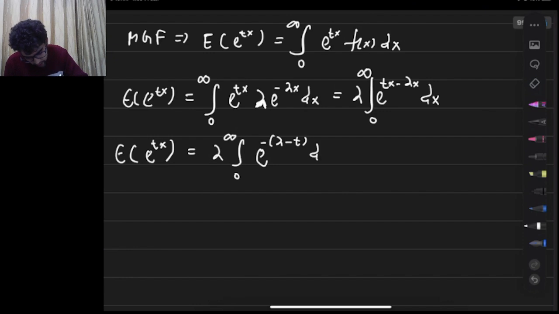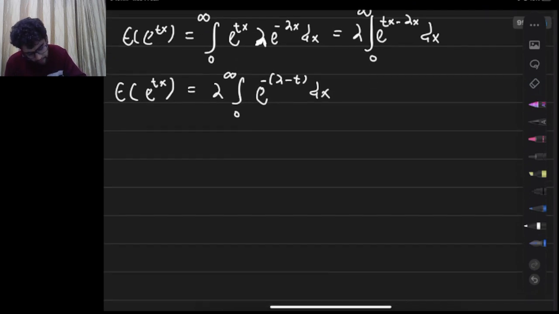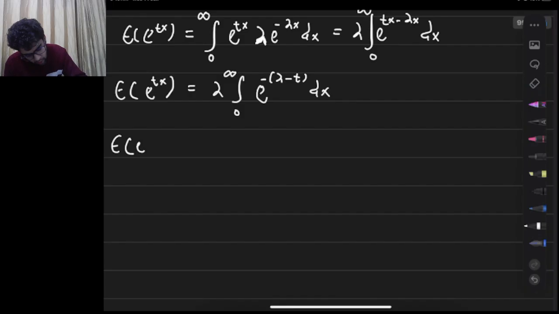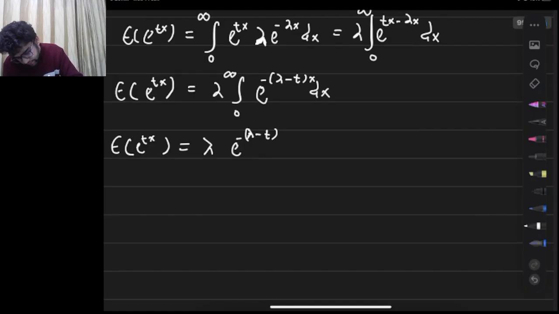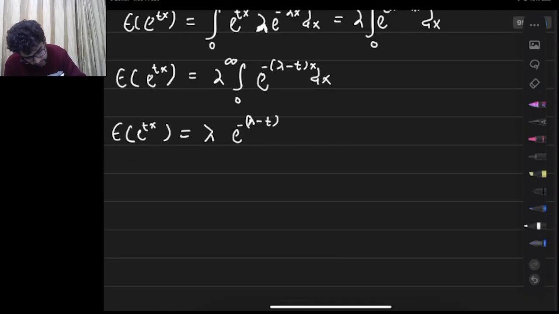Now if I integrate this, it gives me lambda times e to the power minus lambda minus t times x, over minus lambda minus t, from 0 to infinity.